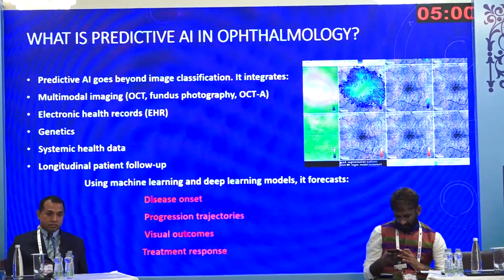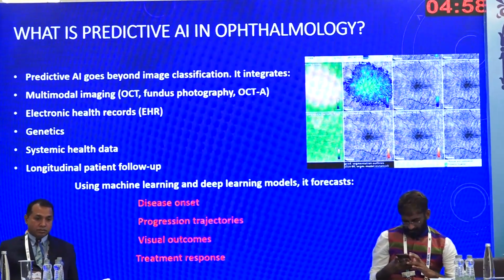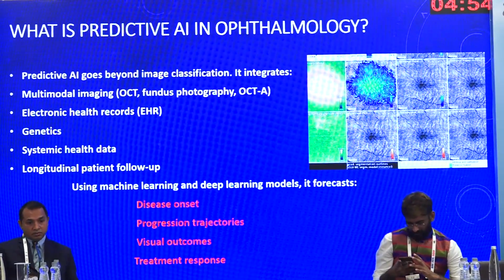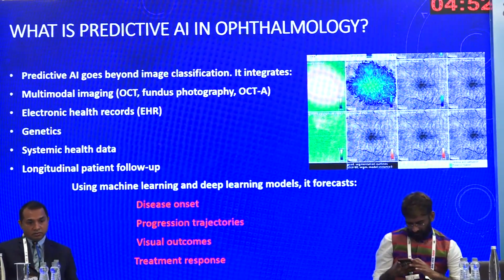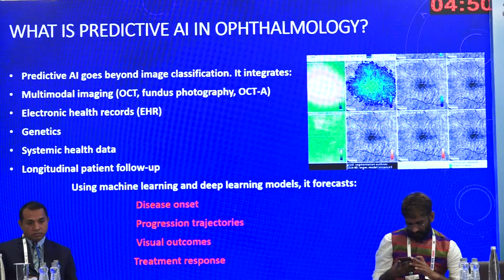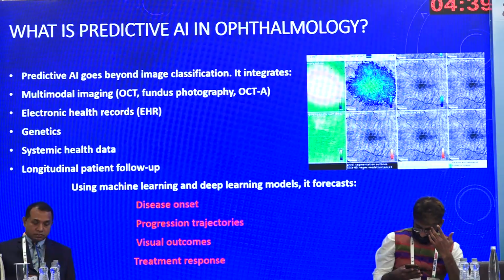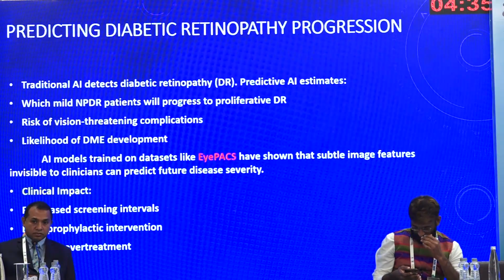So what is predictive intelligence? It goes beyond image classification. It integrates multimodal imaging like OCT, fundus photo, and OCT-A, as well as the EMR, genetics, the systemic health data of the individual patient, and longitudinal patient follow-up. Using machine learning and deep learning models, it forecasts disease onset, progression trajectories, visual outcomes, and treatment responses.